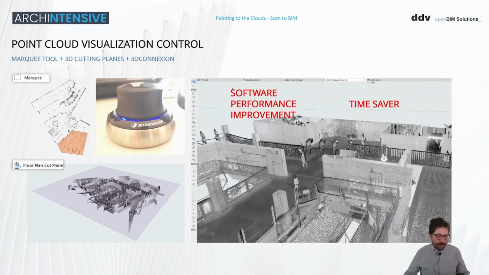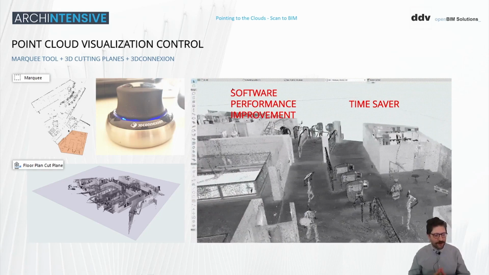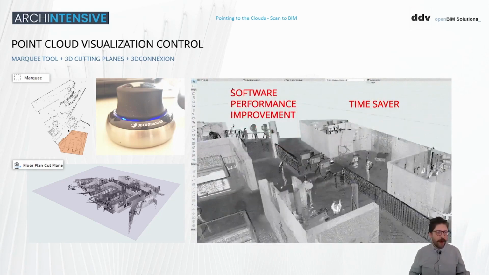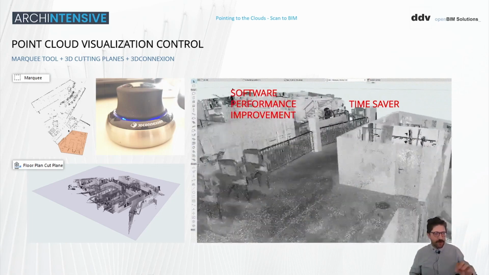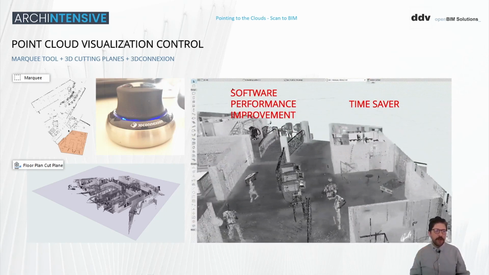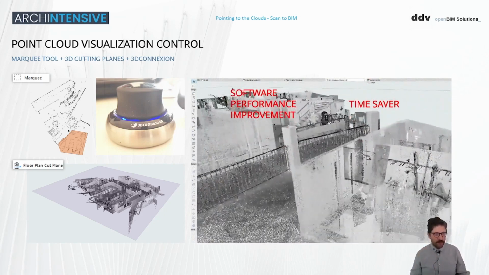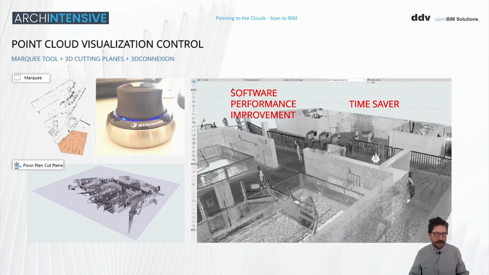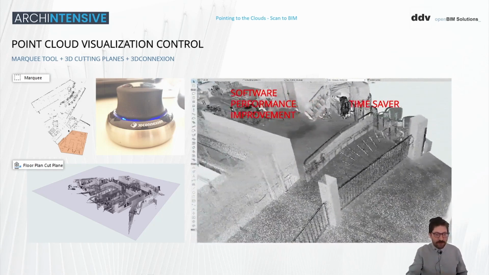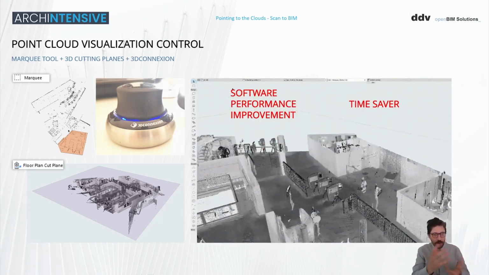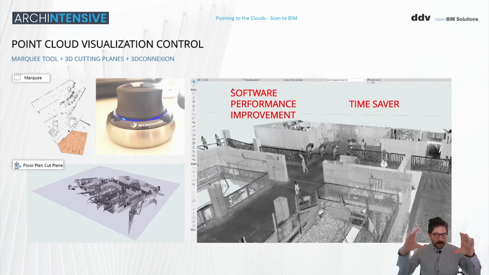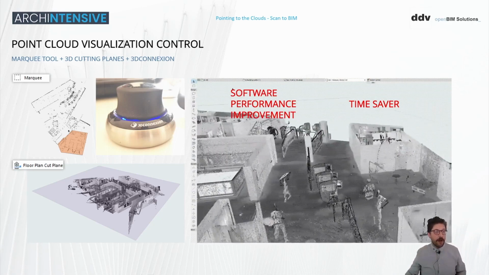And this is one of our best friends, the 3D connection device, for, in my case, the left hand, which allows us to go quite fast. So this is a very important tip, especially from a software performance improvement perspective, and also a time-saving one. And this is a real demonstration of the flow of this movement when you are, in the end, cropping your point cloud.